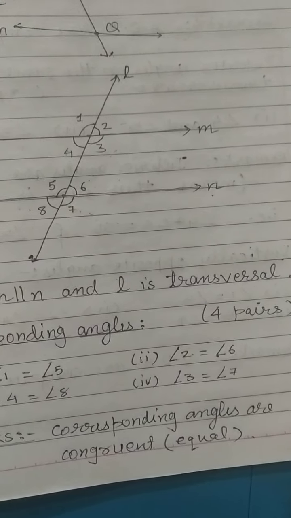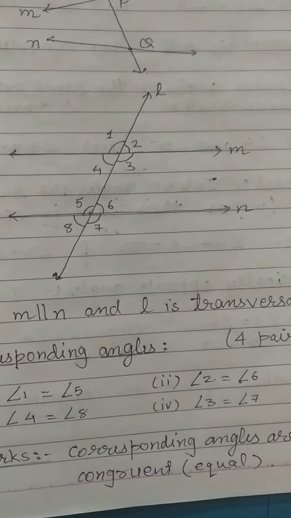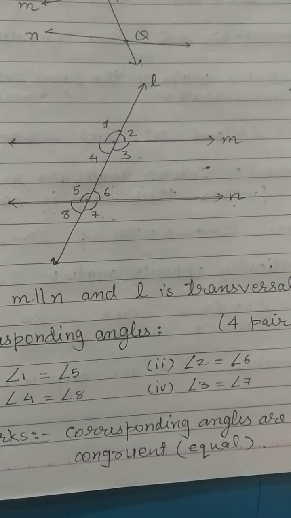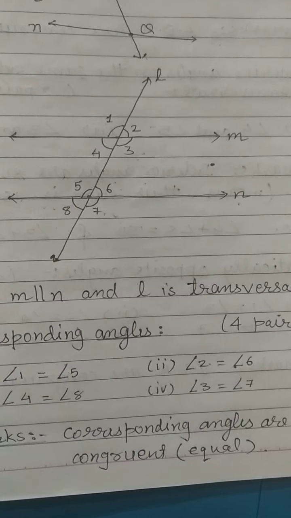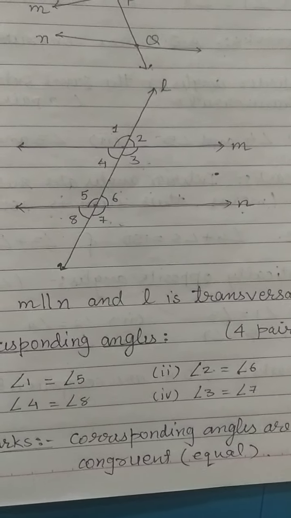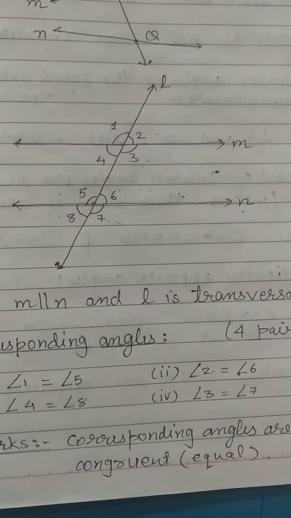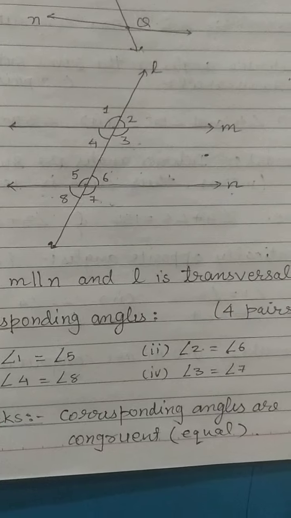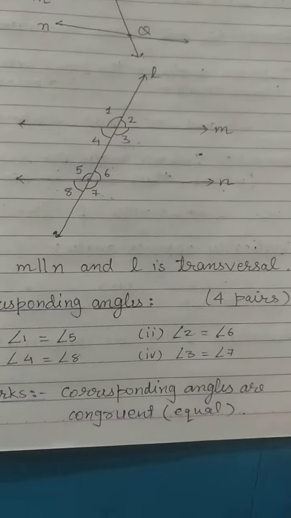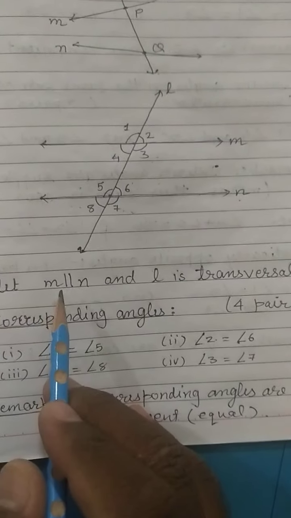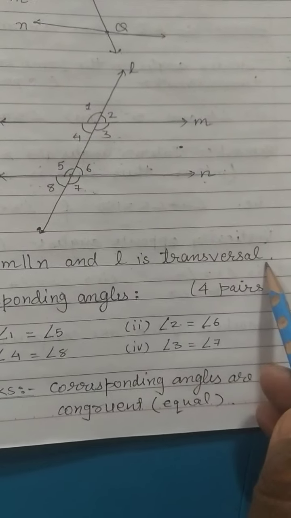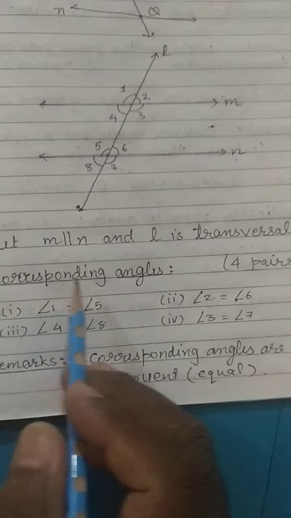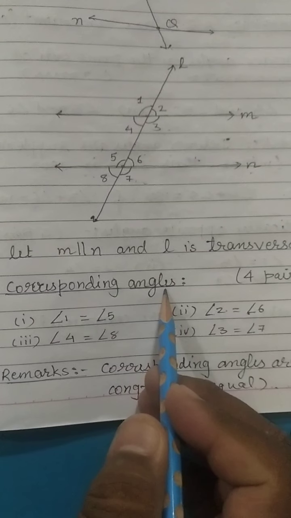So we have to see which kind of angles these are, the names of the angles formed, and how many pairs of this type of angles are formed. Check that. M and N are parallel lines. L is the transversal. So first, corresponding angles.